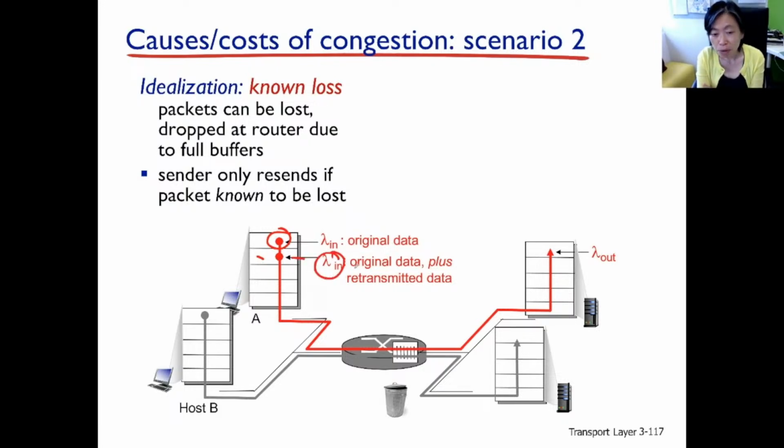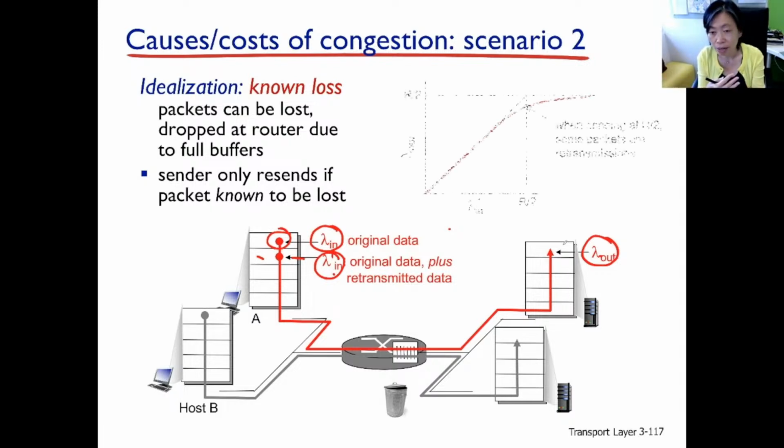So lambda in prime, the output rate at the transport layer, is definitely going to be higher than the output rate at the application layer. Now the output rate at the application layer for TCP is going to give you the same thing at the receiver end. Therefore, you see lambda in prime versus lambda out. It's going to be lambda in prime higher than lambda out.